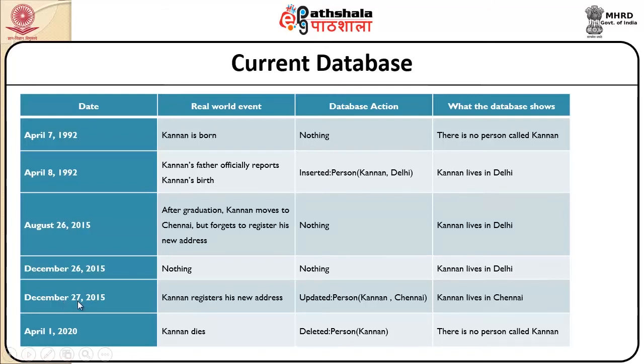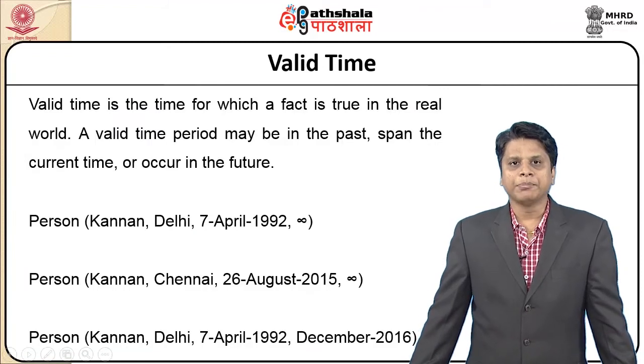And on December 27, 2015, when Kannan changes his address from Delhi to Chennai, that particular time will be considered the valid time. Likewise, April 1st, 2020, when Kannan is dead, that time will be considered the valid time. The same is not the case with the transaction time, the actual time at which it has happened.